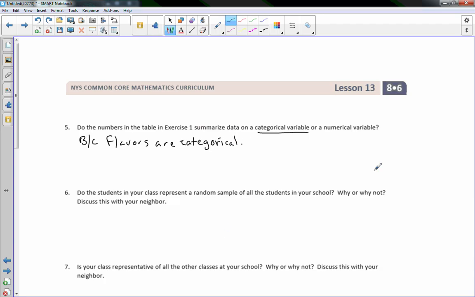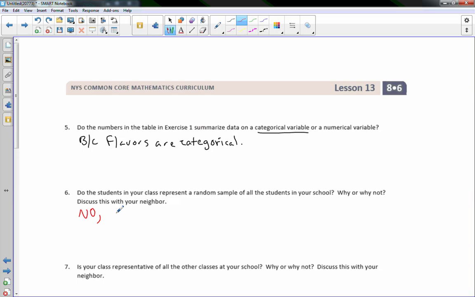Okay. Number 6. Do the students in your class represent a random sample of all the students in your school? Okay, and the answer to that is no. The reason is if you have a class, it's already a preset number of people that you're asking. So if we actually sat down and asked 20 students in a class, that is not a random sample.